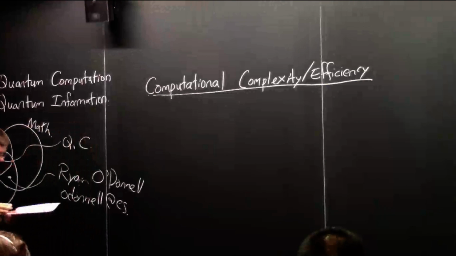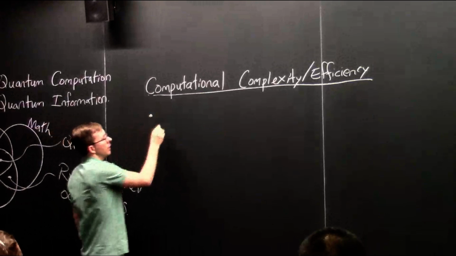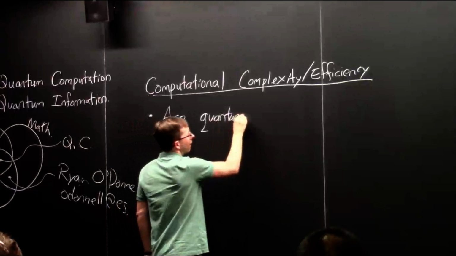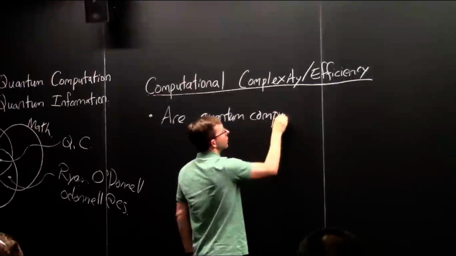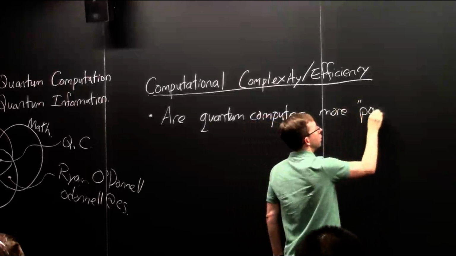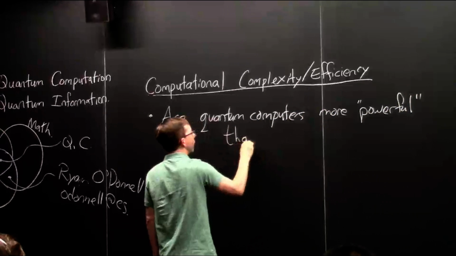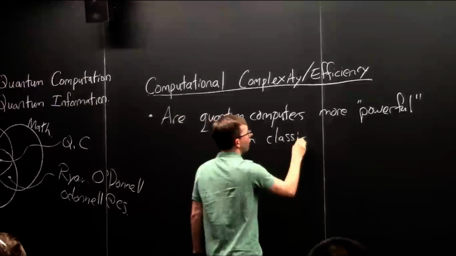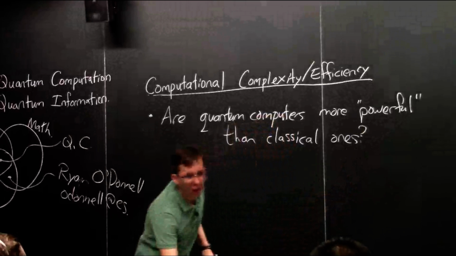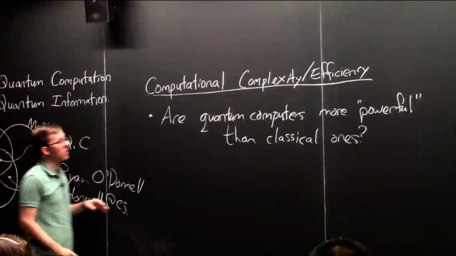The kinds of questions that we're going to ask ourselves in this class are like this. One is, are quantum computers, if they're ever built, more powerful or more efficient than classical ones? This is a good time to emphasize that about 1 million times in this course, I'm going to say the word classical.